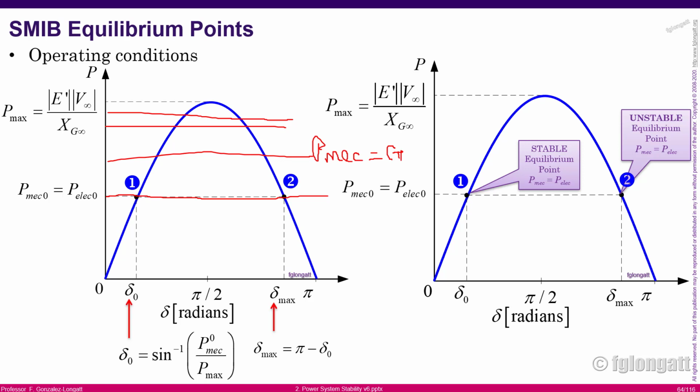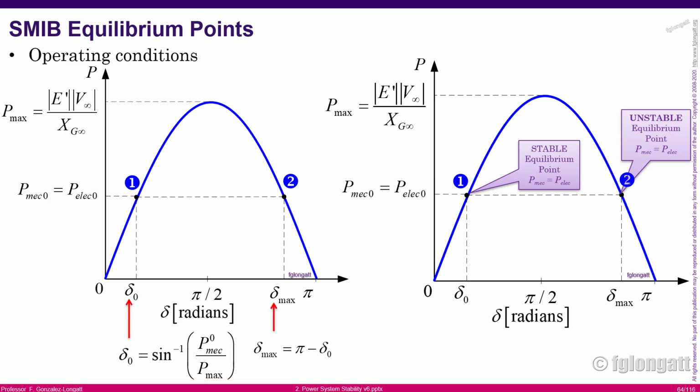But what you need to understand clearly is that the operating points are defined by the intersection of mechanical power and electrical power, because the operating point will be mechanical power equal to electrical power, and that represents possible operating states, okay?